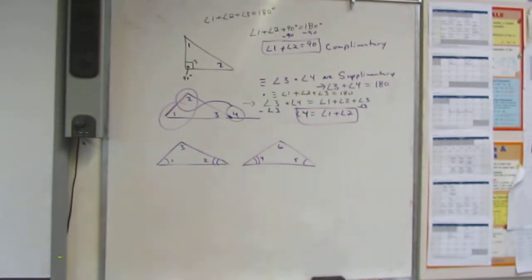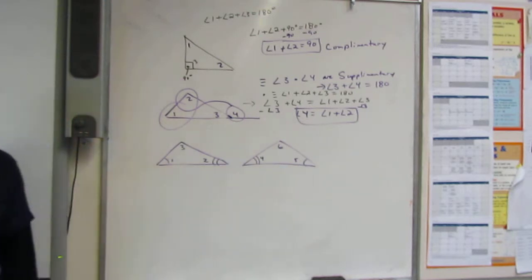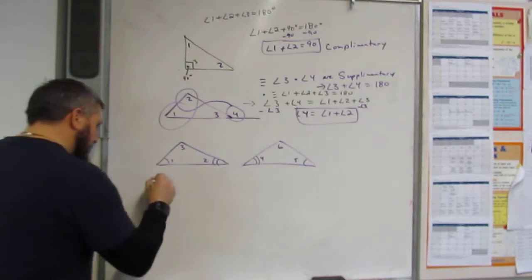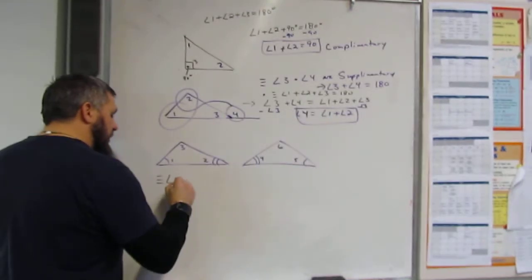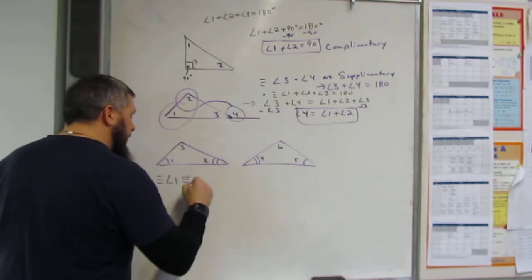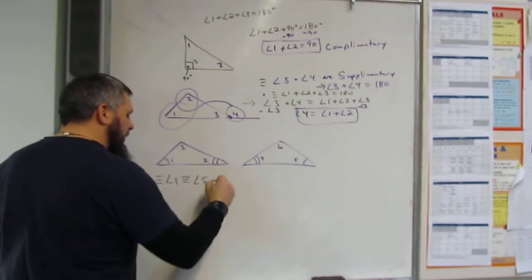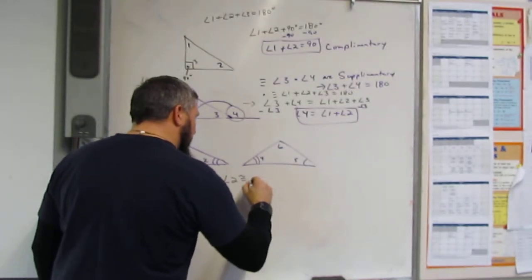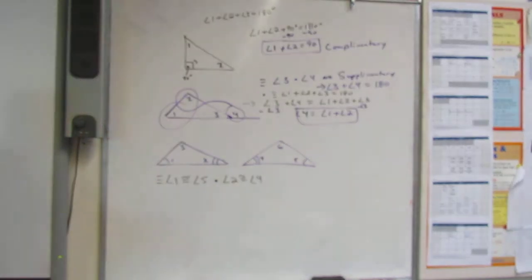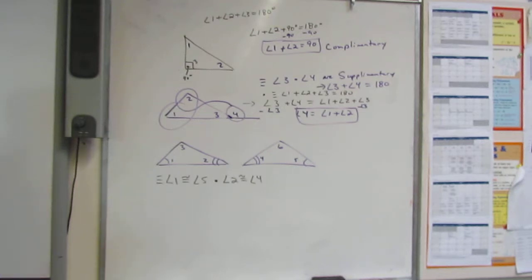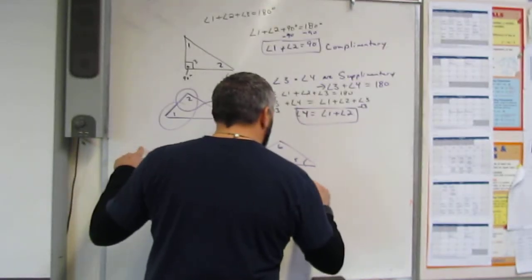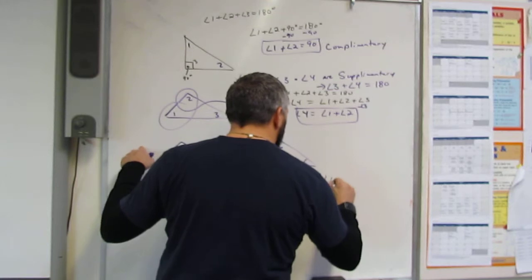The other thing we need to know, if angle 1 is congruent to angle 5, and angle 2 is congruent to angle 4, then angle 3 is congruent to angle 6.